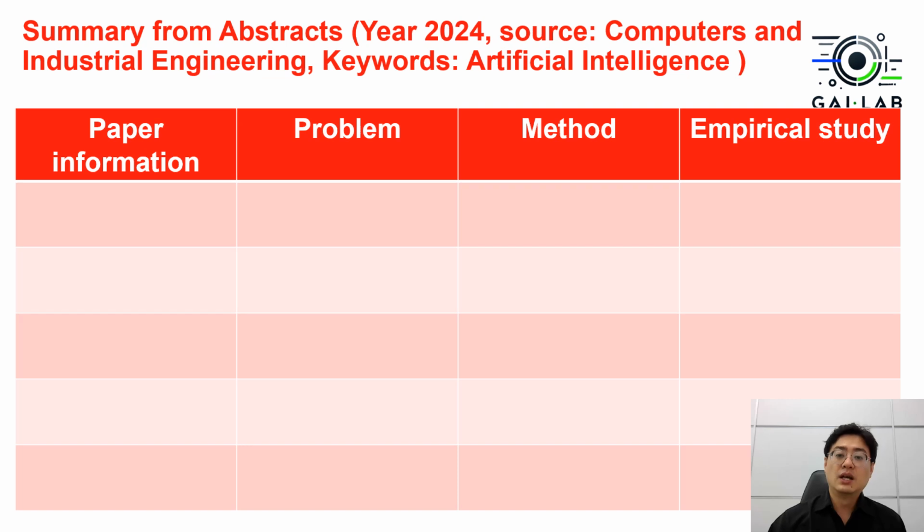These are all different kinds of methodology we care about. And then finally the empirical study will become very important for us in different areas, and that is quite important for you to summarize to have a better literature review.